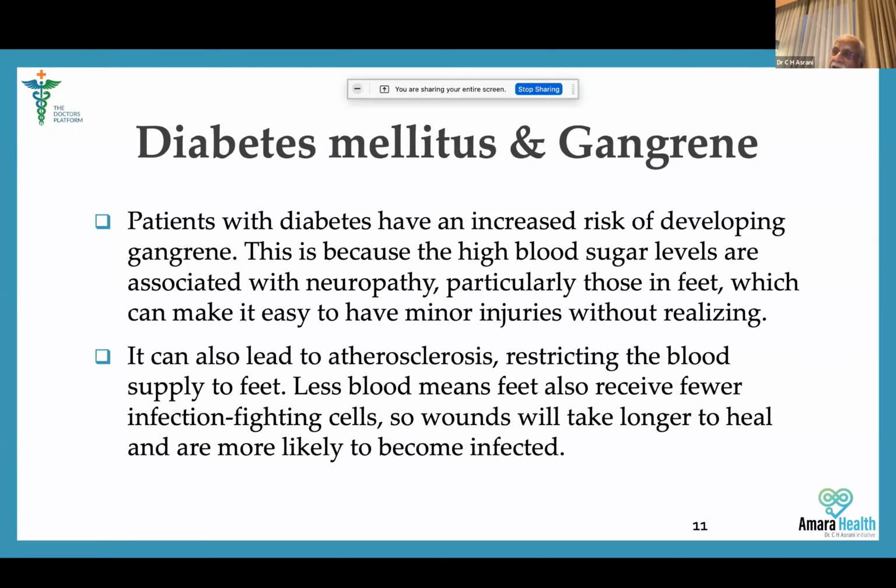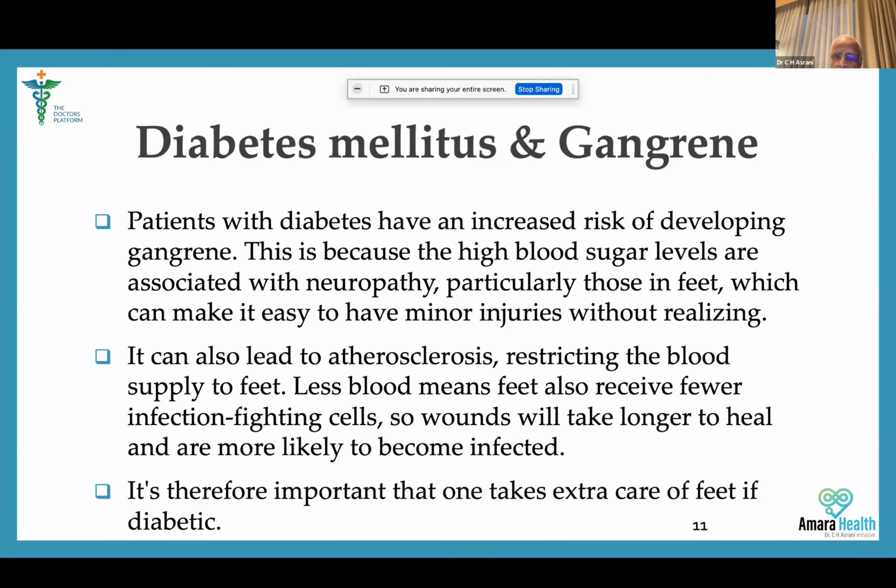And then because blood supply is less, the nerves are getting less supply, less immunity, chances of infection are high. We all know diabetics harbor infections. We'll show you how foot care is to be done.